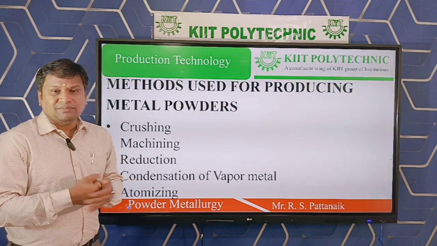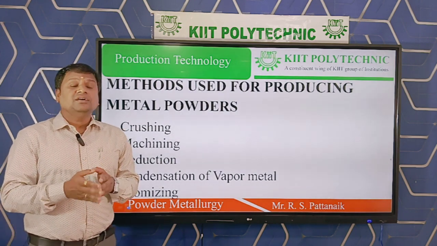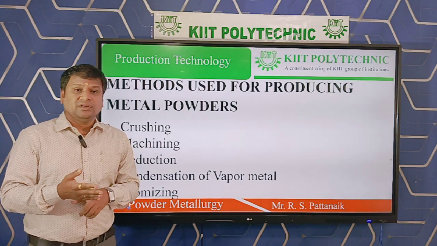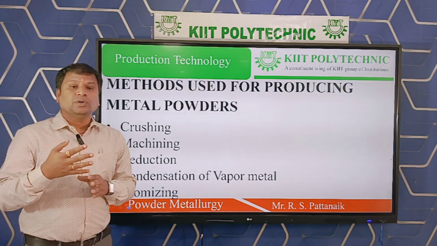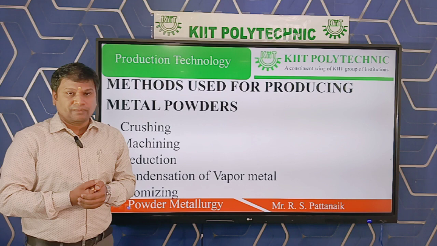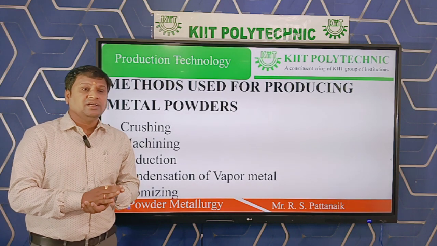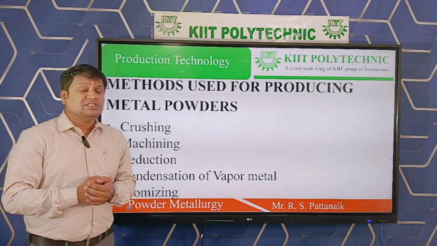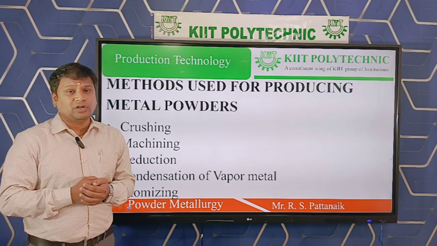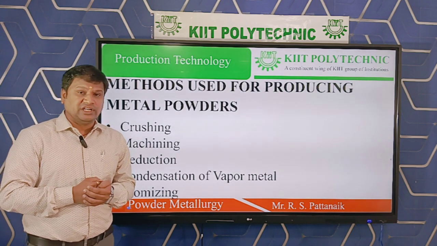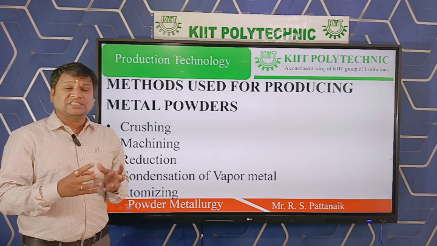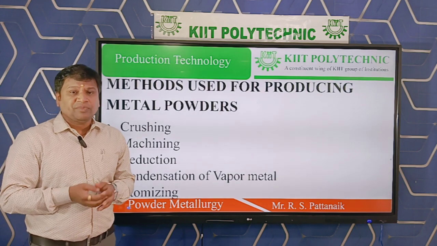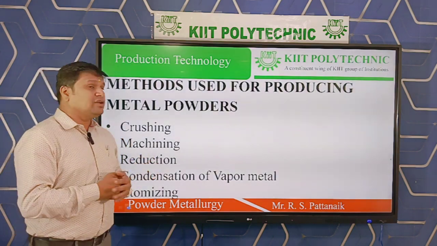For example, zinc oxide is heated with powdered charcoal until zinc vapor is formed due to the reaction of carbon monoxide and zinc oxide. Then the zinc vapor is condensed and collected as dust-like particles. Okay, so this is the method of condensation of vapor metal.